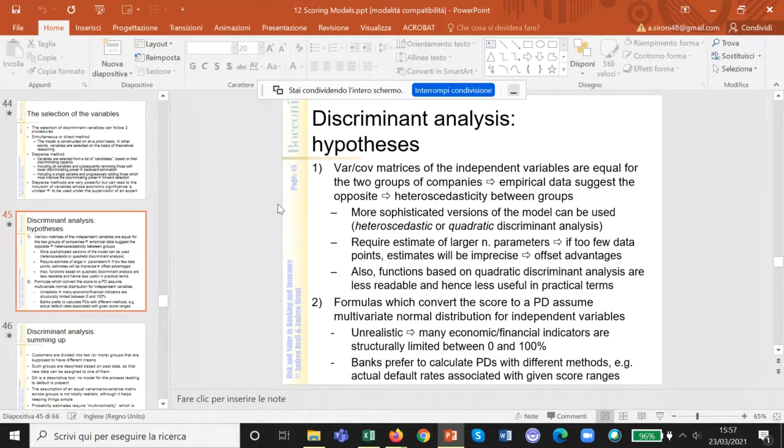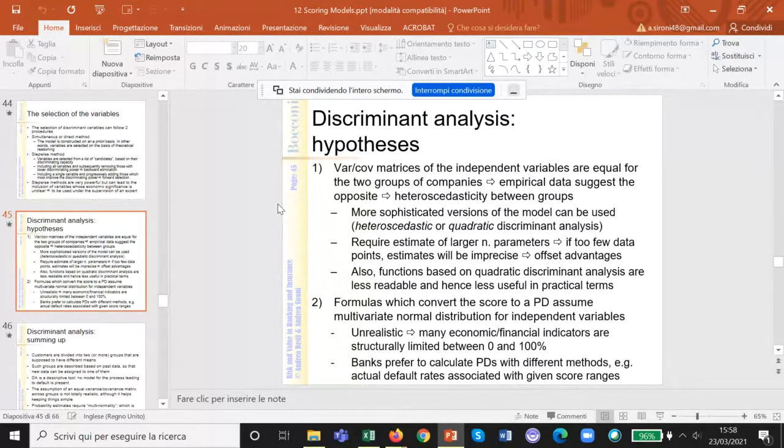Unfortunately, the empirical data tend to suggest that there is heteroscedasticity among the two groups, i.e. that the variance-covariance matrices are not the same. Then there are sophistications within the discriminant analysis framework that try to address that, but to be frank, no one is really using them, and the problem remains.